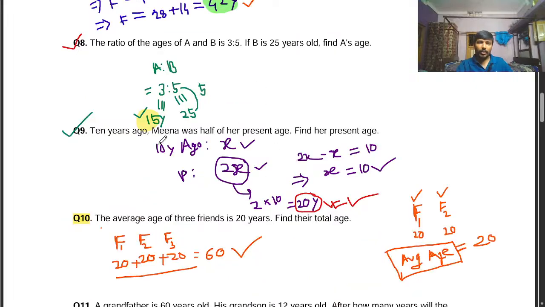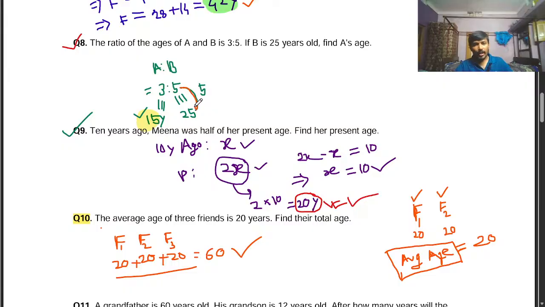Now the ratio of ages of A and B is 3 is to 5. If B is 25 years old, find A's age. We are not going to do this like 3x and 5x. We will do this like equivalent.